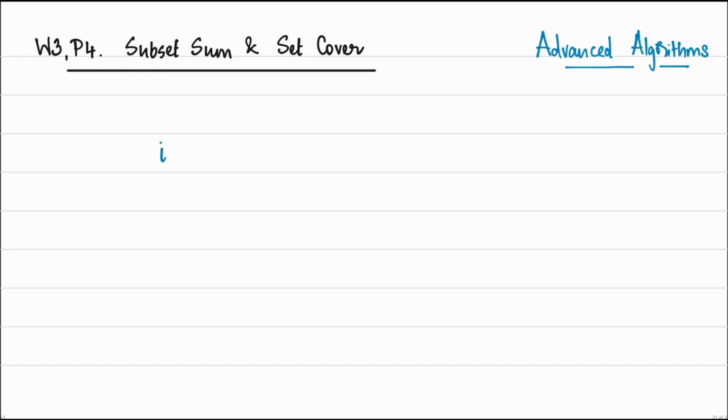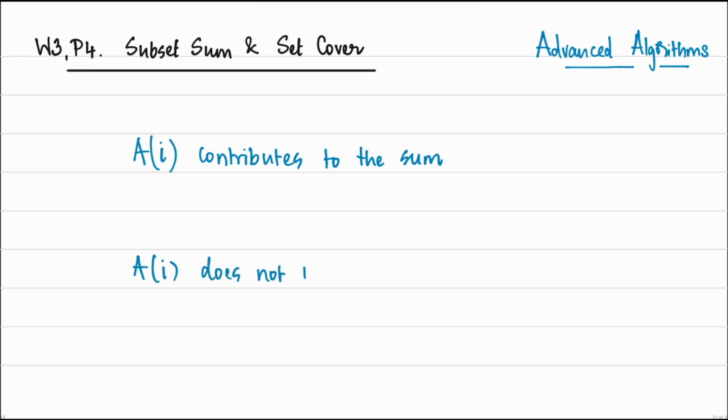where we ask ourselves if a of i contributes to the sum or does not contribute to the sum. Just as before, we are in a situation where a priori we don't know which of these things is true.